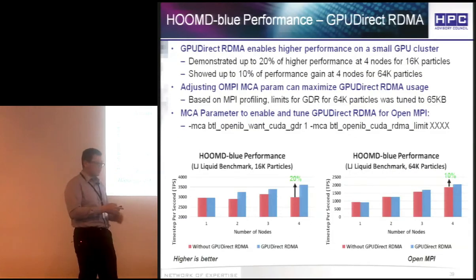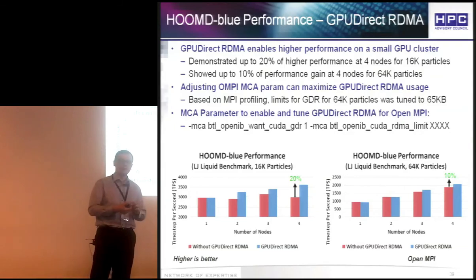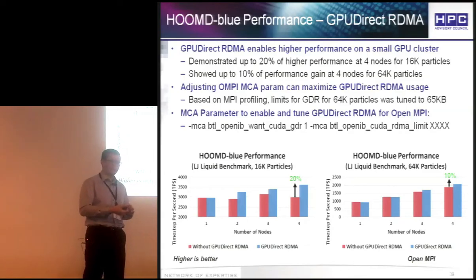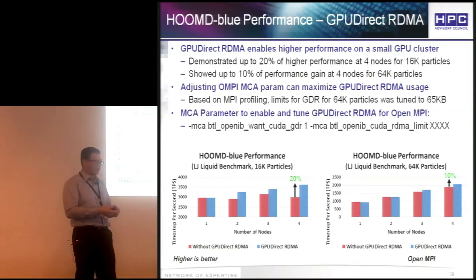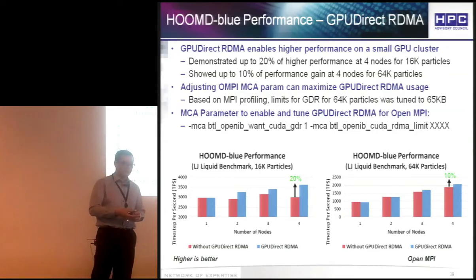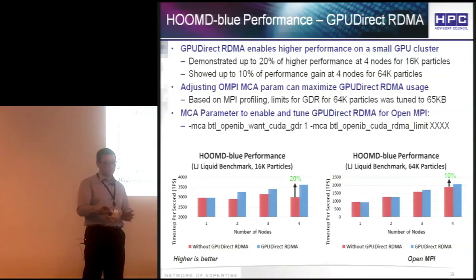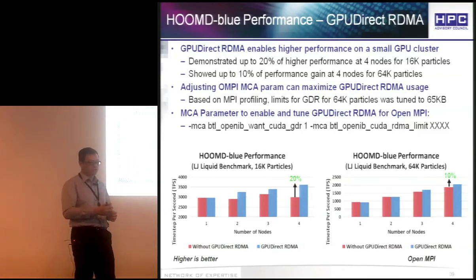The first example I'm showing you with GPUDirect RDMA is on a small cluster. I'm pretty sure that many of you have started to investigate the use of GPUs, and you want to see if they will be beneficial for using GPUDirect RDMA. Even with a small cluster of 4 nodes, I was able to see some benefits of using GPUDirect RDMA on a given workload.